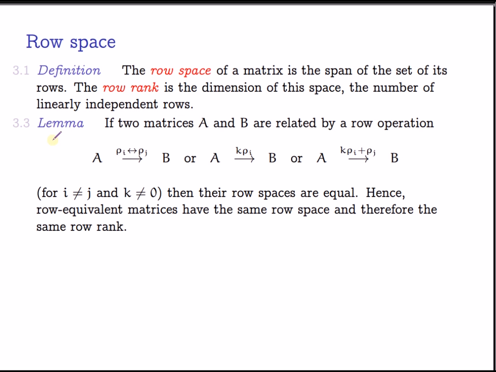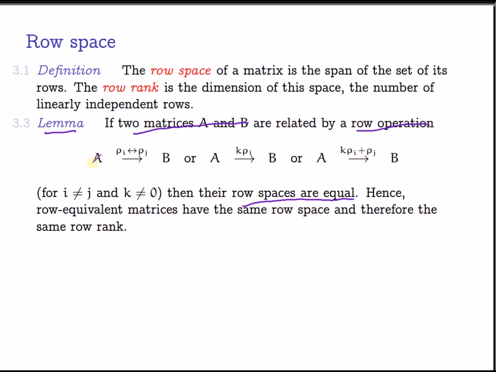We have this lemma. If two matrices A and B are related by a row operation, that is, if you exchange rows, or you multiply a row by a scalar constant, or if you add a multiple of another row to a given row, then the row spaces of these two matrices are equal.